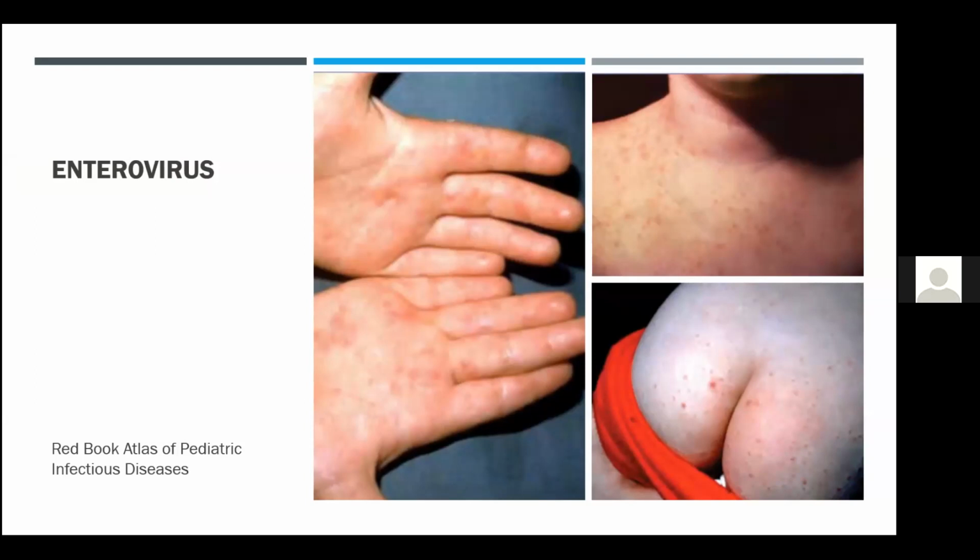And then the pictures are showing the macular-papular rash, which can be papular-vesicular or petechial, and it can also occur on the hands and soles and the buttocks.